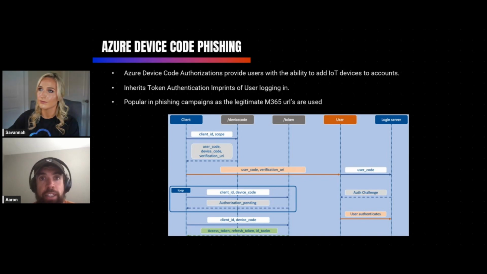So if they are logged in to a machine with their MFA account all set up, you will inherit that token with an MFA imprint. So in some cases, you may be able to bypass MFA when enumerating different Azure APIs or MSOL APIs.